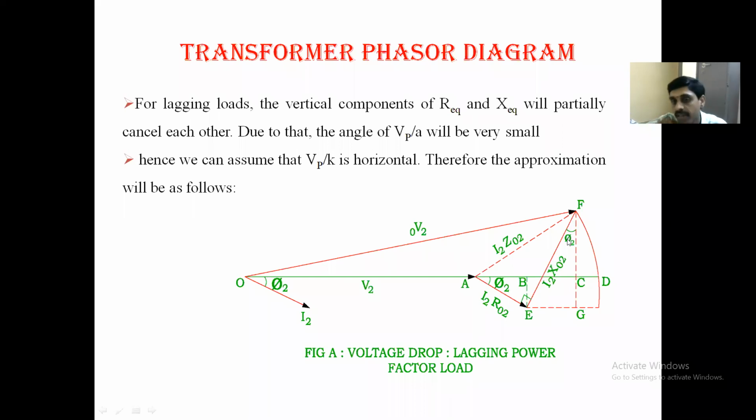We can use the triangle angle principles. Then this opposite length is equal to I2 X02 sin phi 2. If you drop this length like this, we can write the horizontal length of I2 X02 in terms of phi 2.